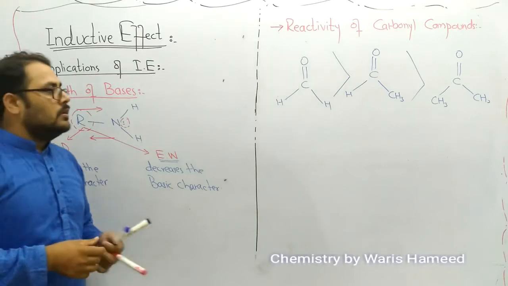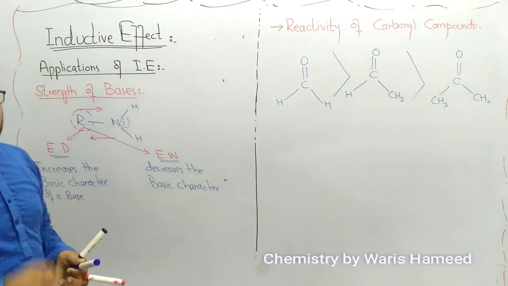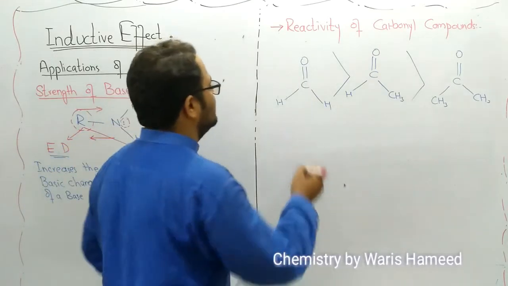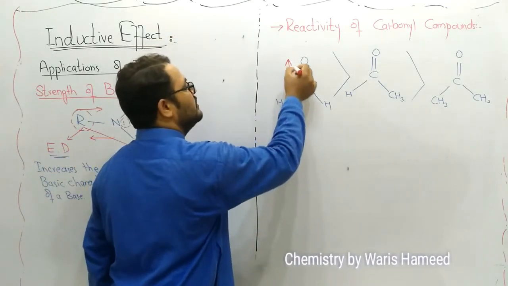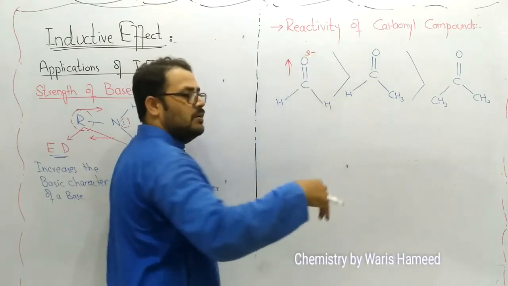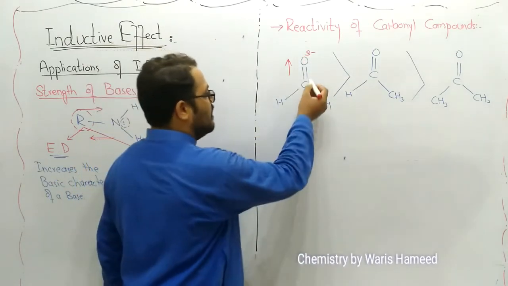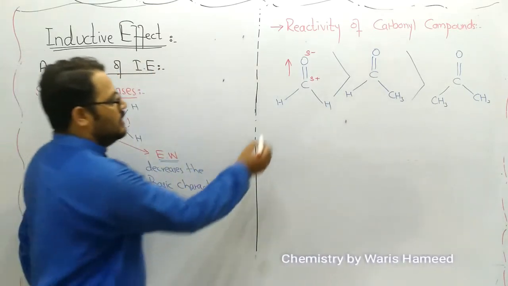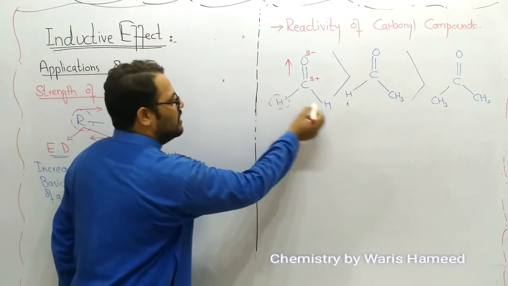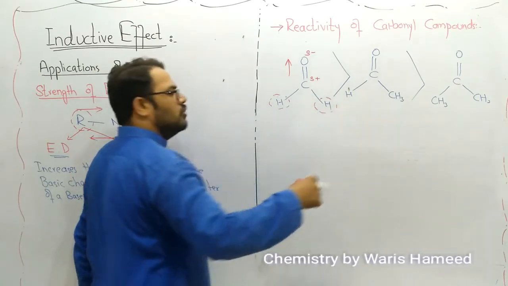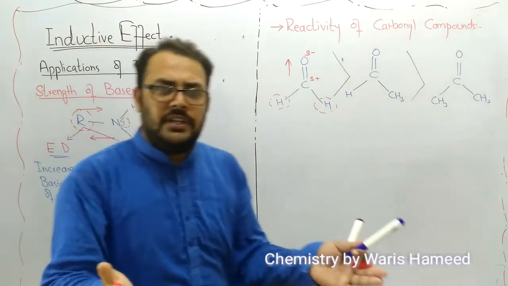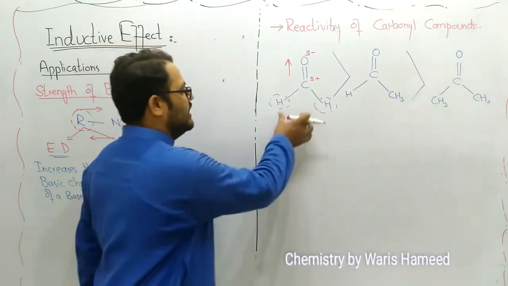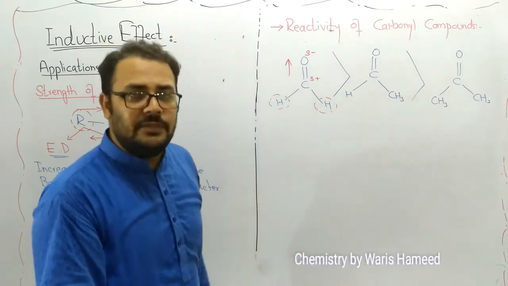Now look at these three structures. In case of formaldehyde, oxygen is attracting electronic density toward itself, being partial negative, and carbon is partial positive. These hydrogens are weak electron donating groups. So we can say that they have no ability to decrease the partial positive charge of the carbon atom. So it will be a more reactive species.